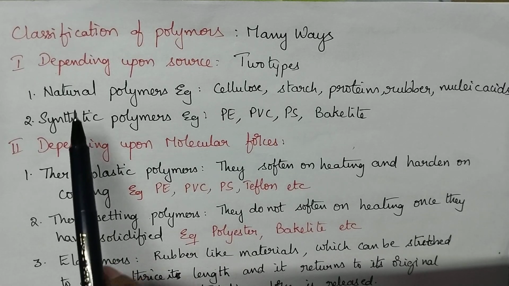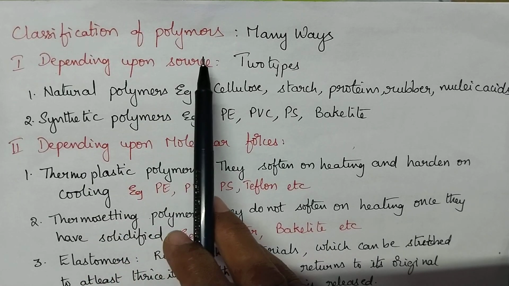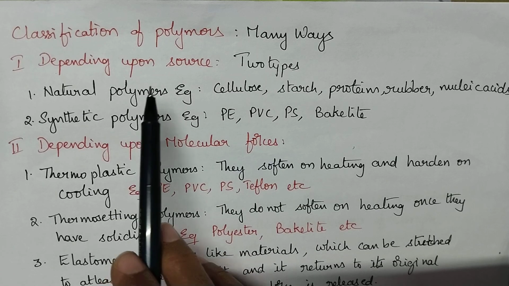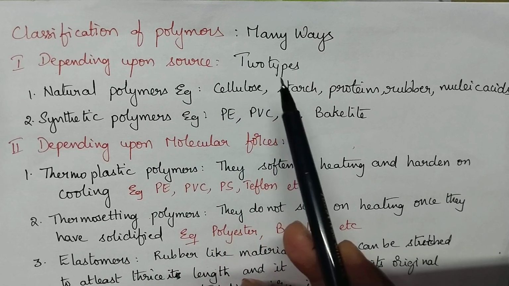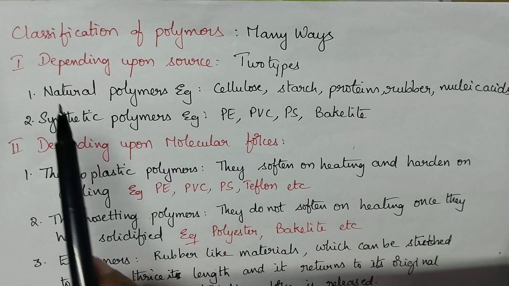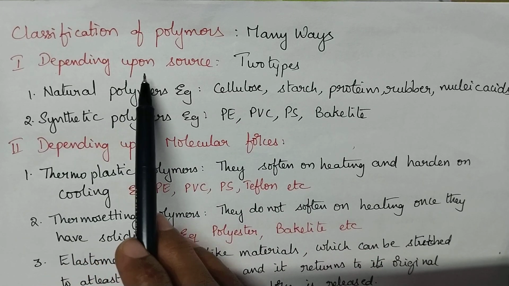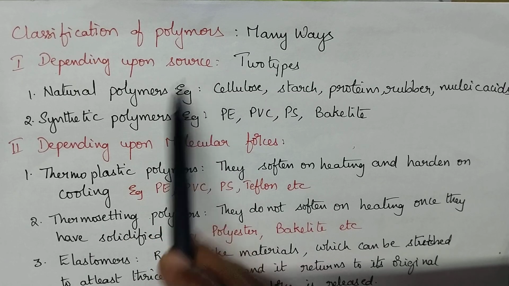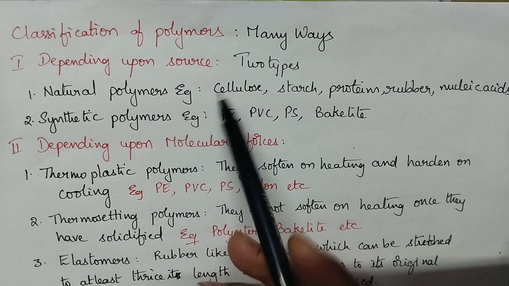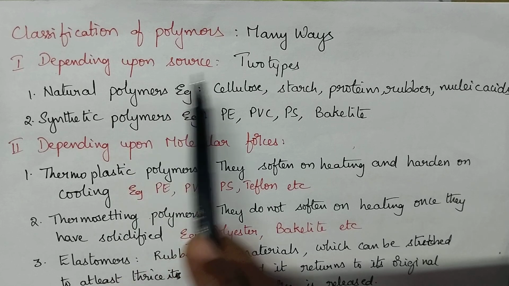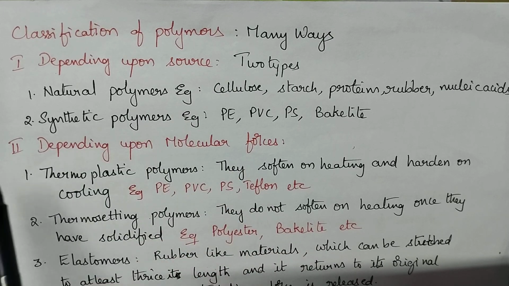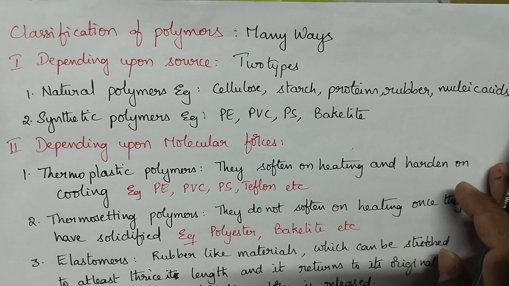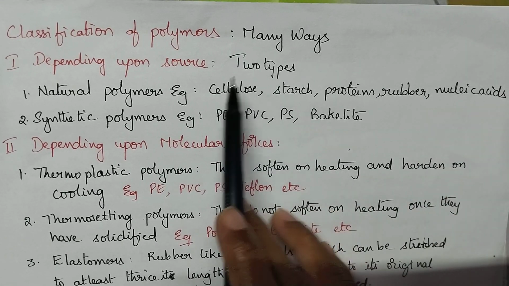Let us discuss the classification of polymers. Polymers being macro in size, they can be classified in many ways. Coming to the classification based upon the source, that means based upon the availability, they can be classified into two types: natural polymers and synthetic polymers. Natural polymers are available in nature.